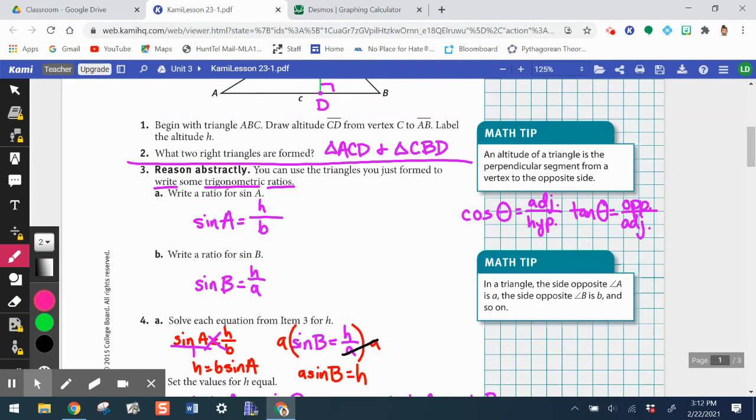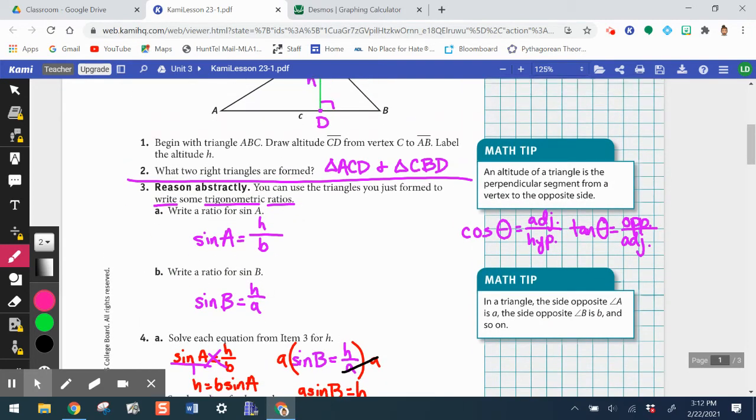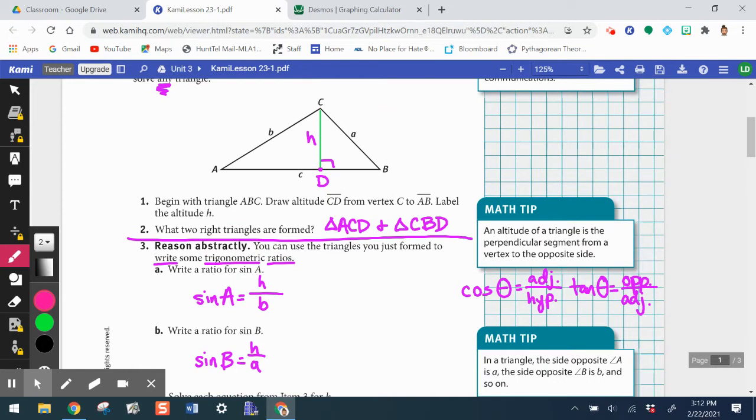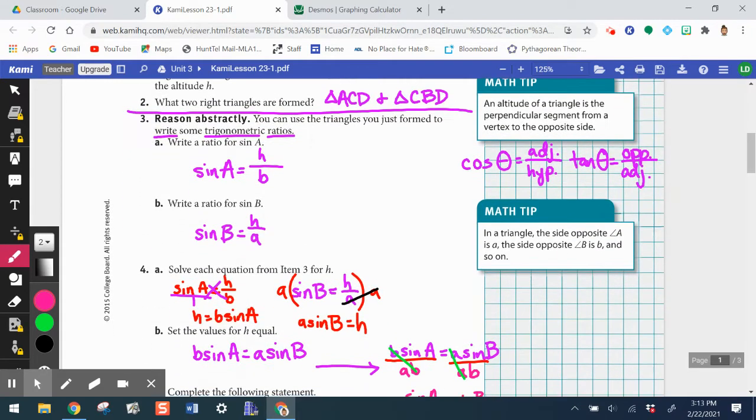And then we get to write the ratio for the sine of B. Looking at this right triangle, opposite of vertex B is CD, which is labeled lowercase h, over the hypotenuse, which is now CB, which is labeled lowercase a. That segment is the hypotenuse of this smaller right triangle. So the sine of B is equal to h over a.